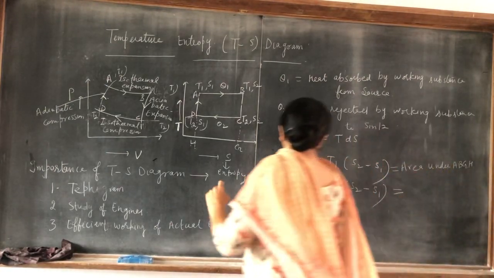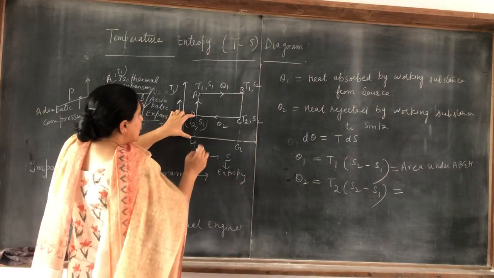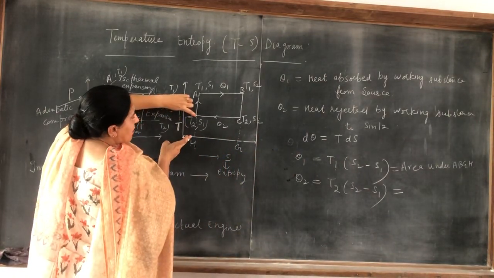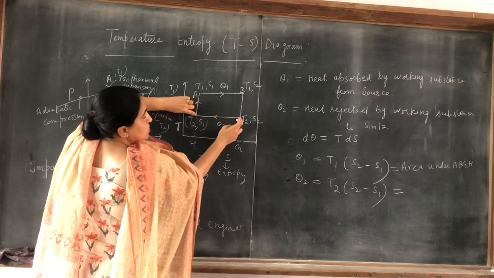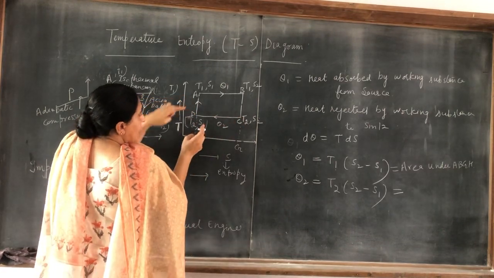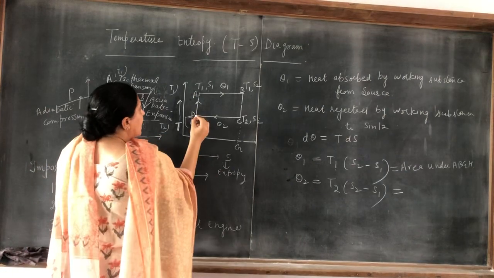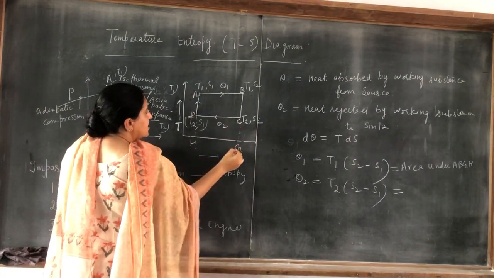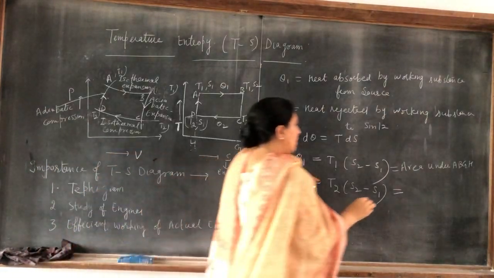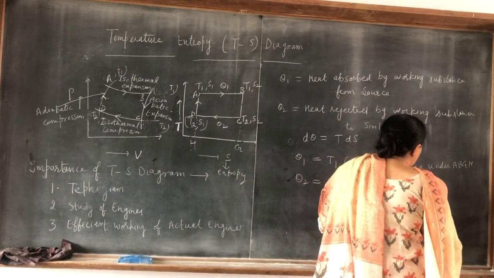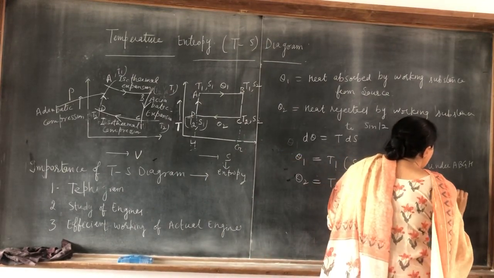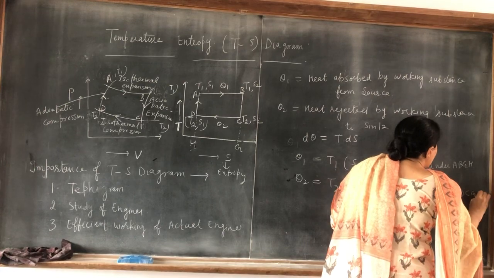Similarly T2 into S2 minus S1, this is T2 up to this point, and this is S2 minus S1. So T2 into S2 minus S1, that is the area under DCGH.